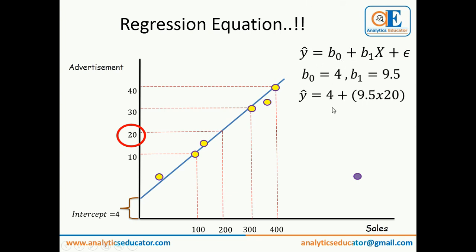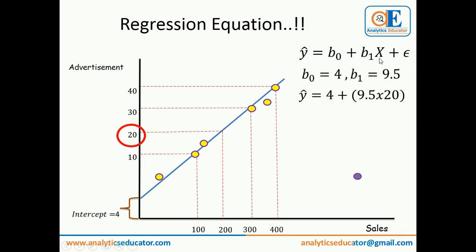And even if you don't advertise anything, still it seems that every day 4 bottles of packaged drinking water will be sold from your shop. Maybe just the people residing beside your shop will come to buy from you. And this is called incremental sales. This is the additional sales that will happen due to the advertisement.